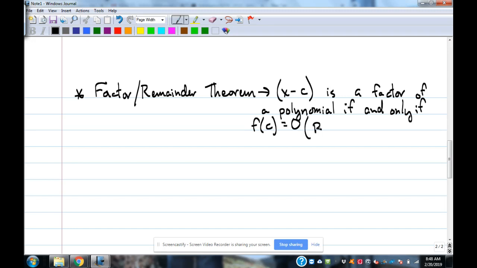What that tells us is that the remainder is 0. Synthetic division, you might hear some people call it synthetic substitution.